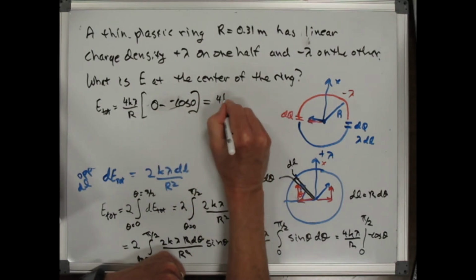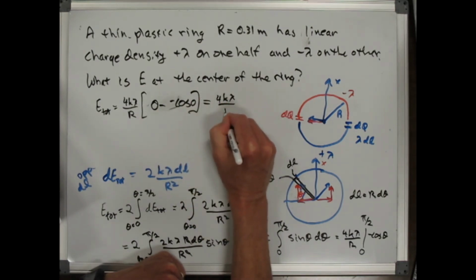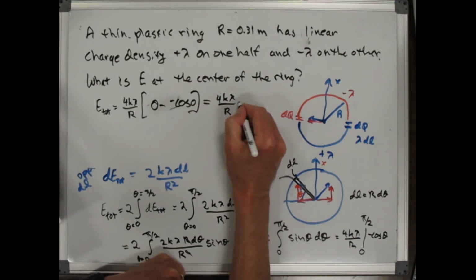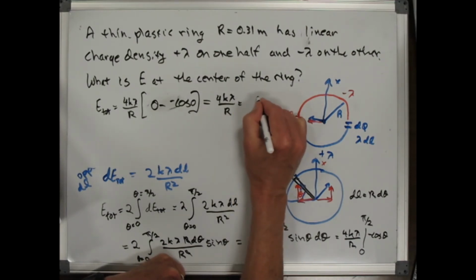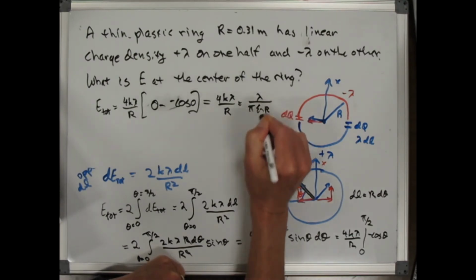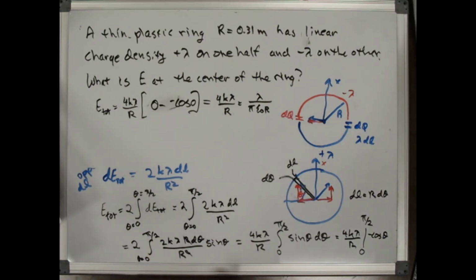So it's 4k lambda over r. Or if I wanted to write it in terms of epsilon naught, I would say it was lambda over pi epsilon naught r. And so then I can plug in and evaluate.